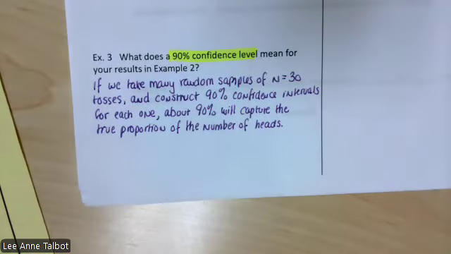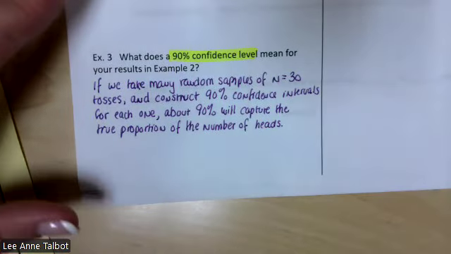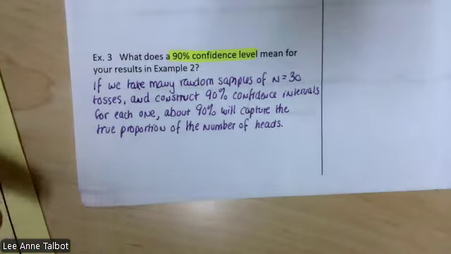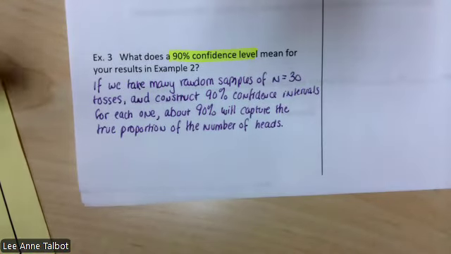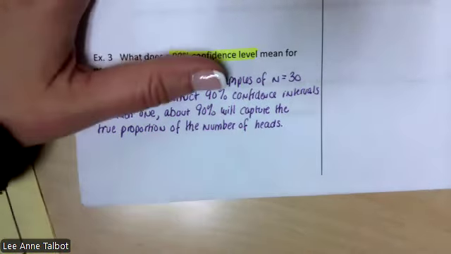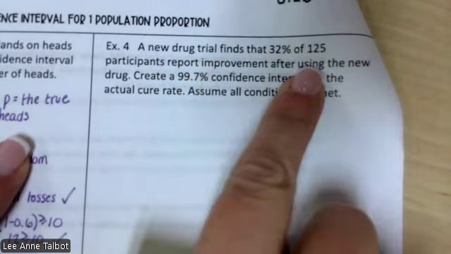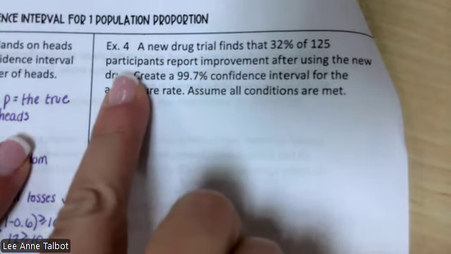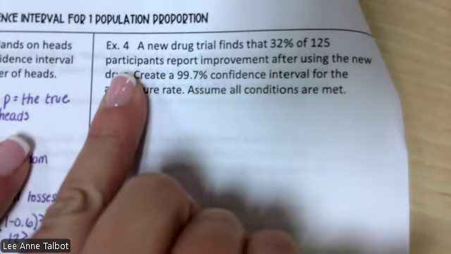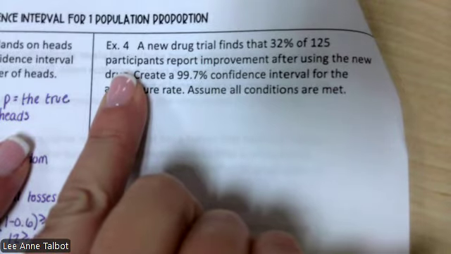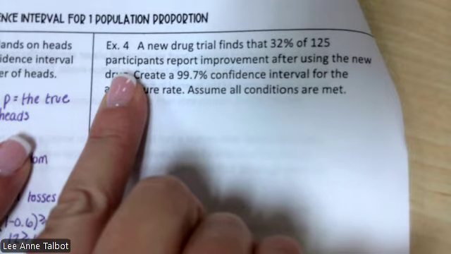So I'm a discerning customer, which means that when I read these problems, I'm trying to think about the conditions. The first thing I started reading, it says a new drug trial finds that 32% of 125 participants. And I was like, oh, that's an experiment. Am I going to have to use experiment stuff in the conditions?